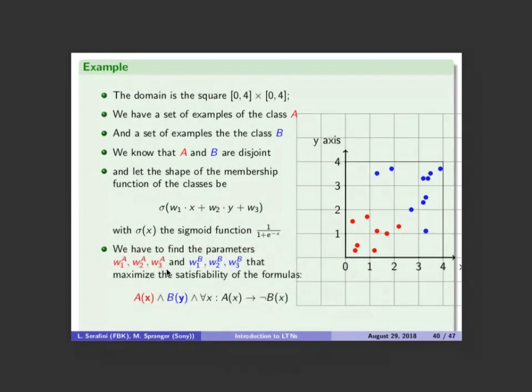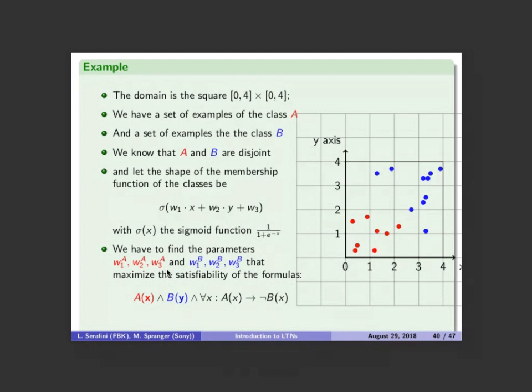But we have something more. We have the data, we need to learn the values for W1, W2, and W3, but we can say that X is supposed to belong to class A, Y is supposed to belong to class B, and that for all values of X, if X is in class A, it's not in B. So the fact that these are supposed to be disjoint can be added as a constraint on top of my neural net learning.